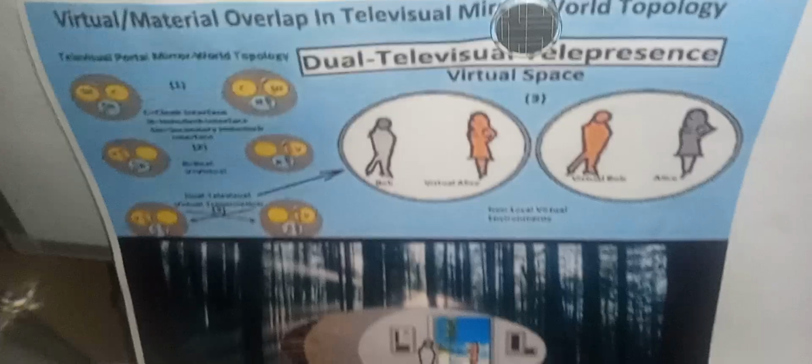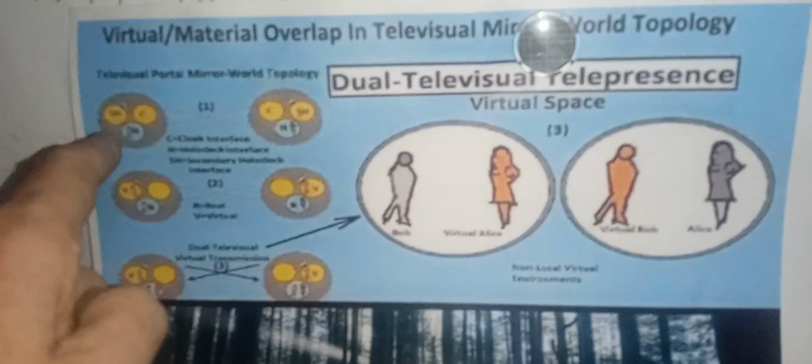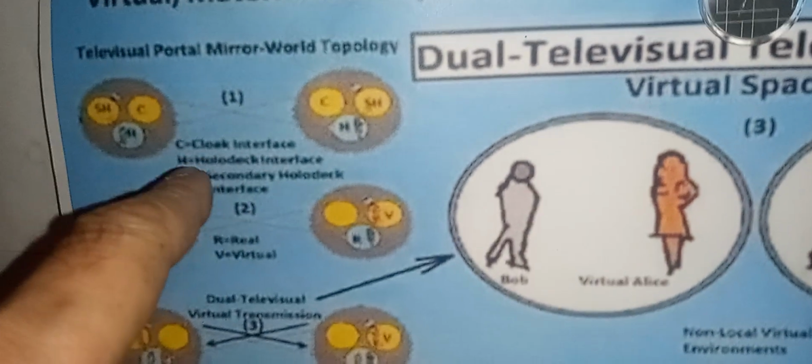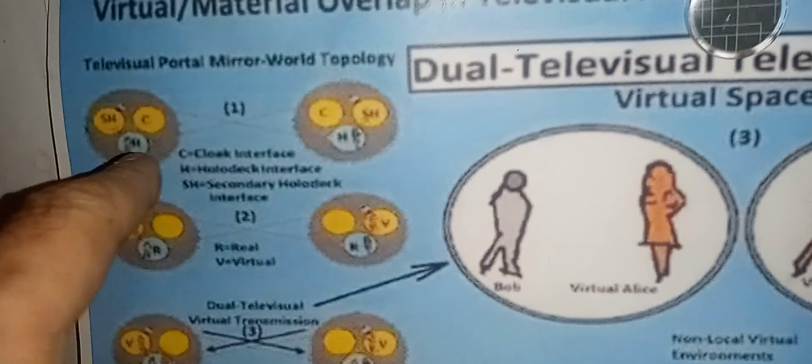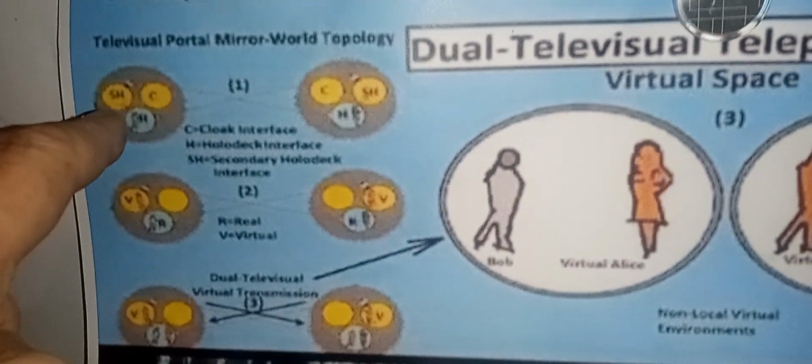And lastly, this is the counterpart to this. It has its own mirror world type alternating from cloak interface to the holodeck interface to the secondary holodeck interface, which is virtual.